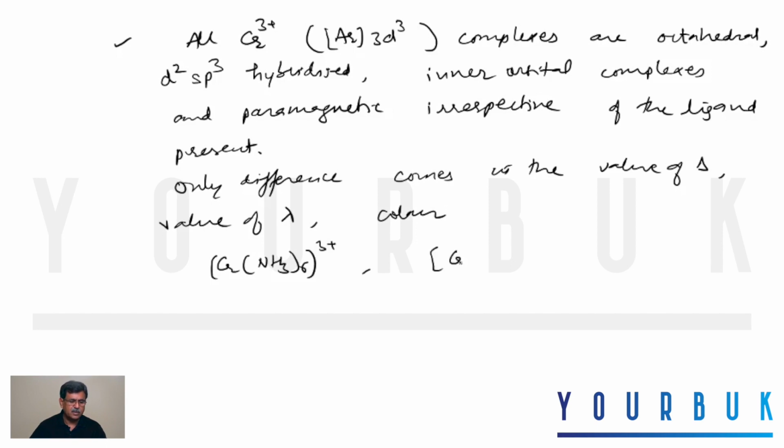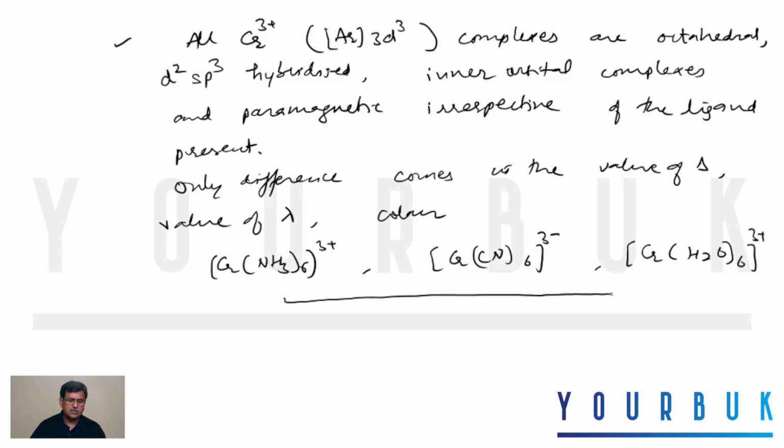They have different colors. So, all these 3 complexes of chromium are octahedral, right? They have the same hybridization, they have the same value of the magnetic moment. The only difference is in the color. So, these 3 complexes have different colors.